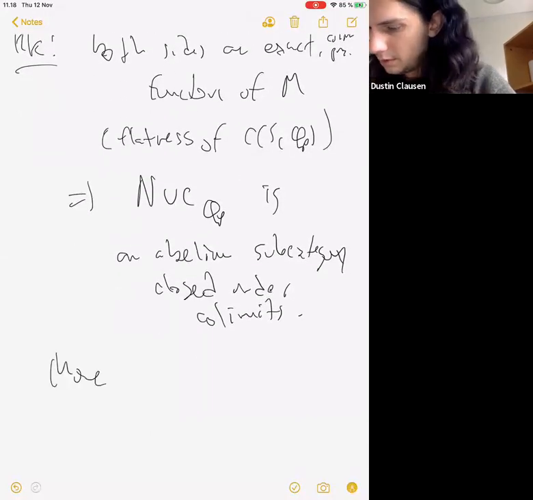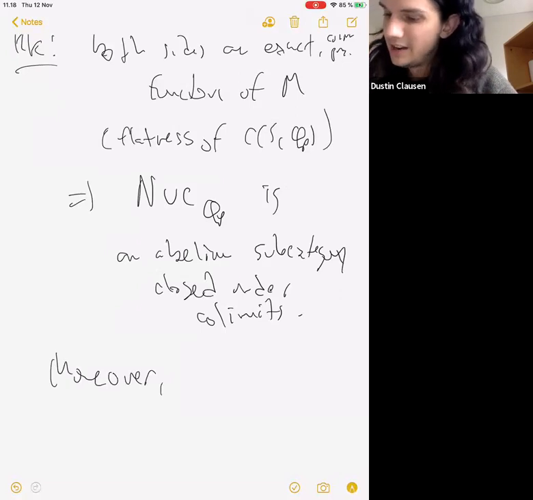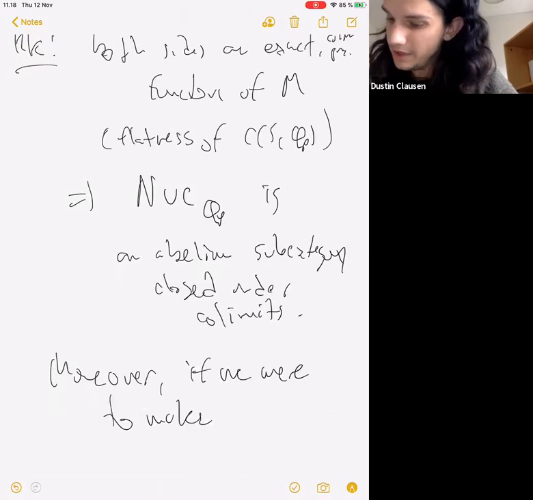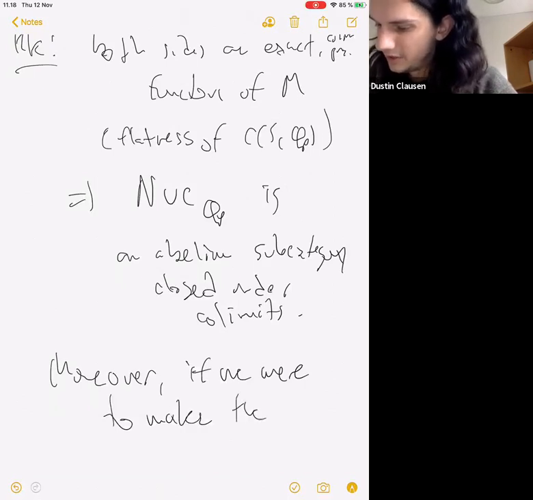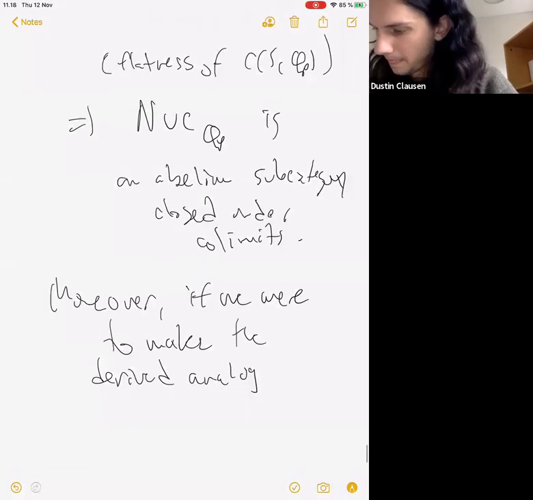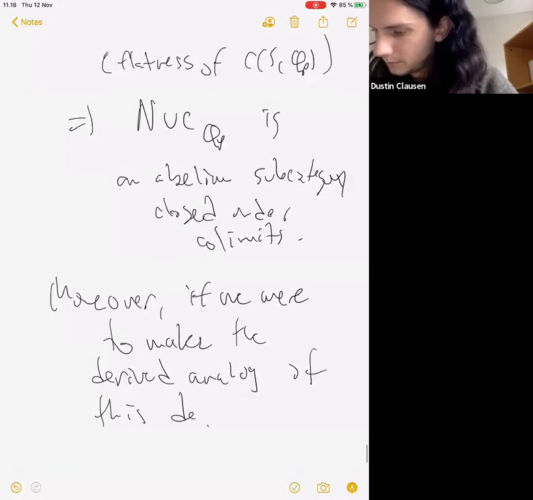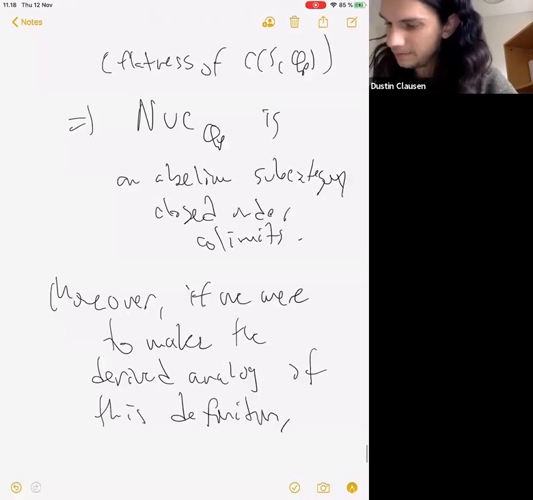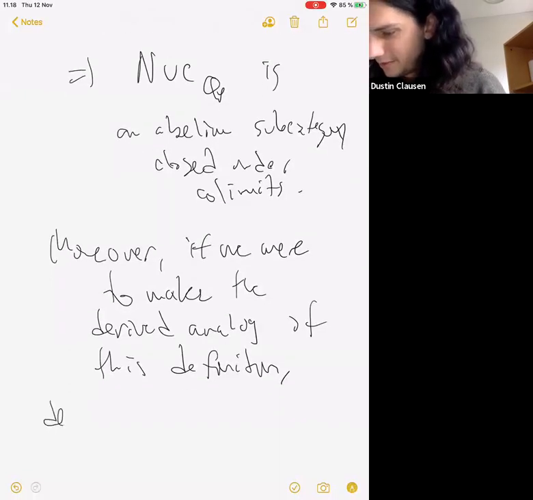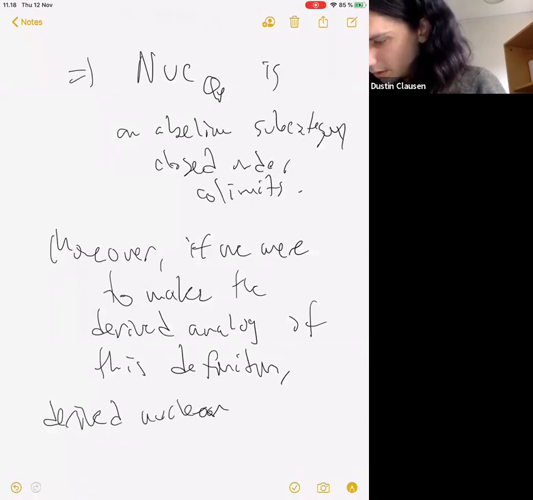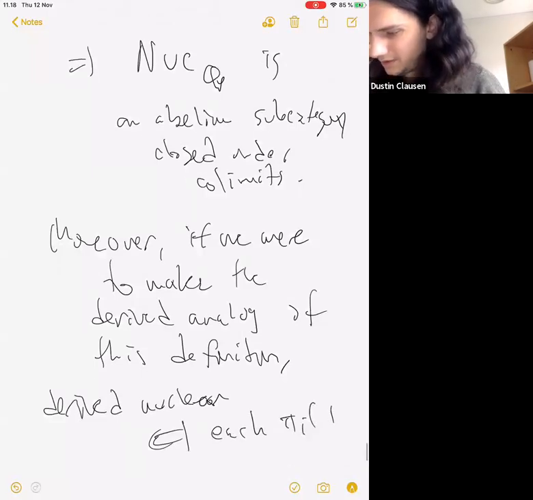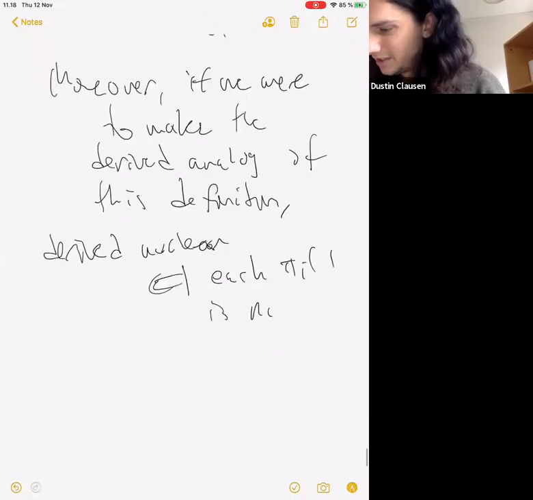Moreover, if we were to make the derived analog of this definition, then derived nuclear is the same thing as each homotopy group being nuclear in the above sense.